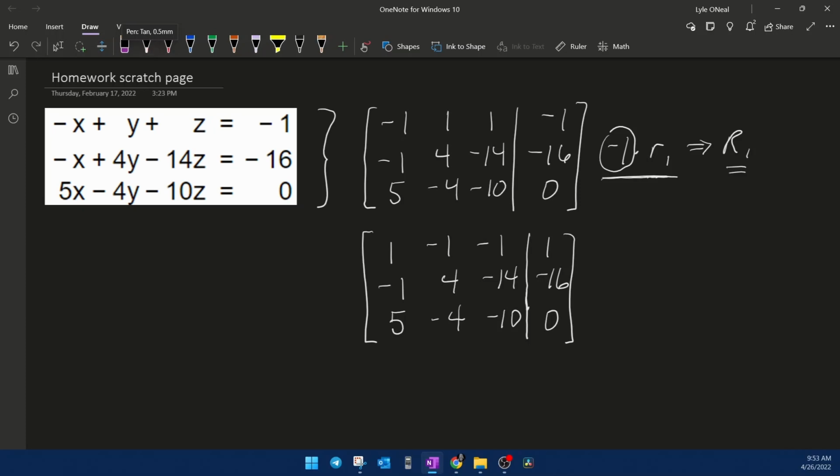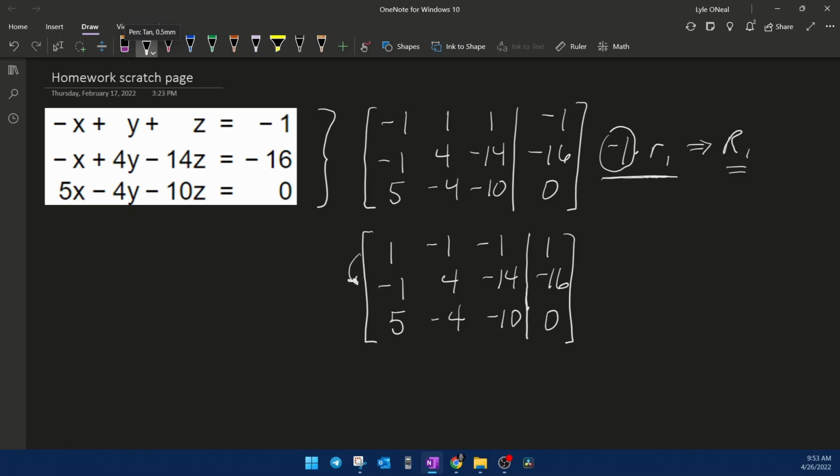The next 2 objectives are to make the negative 1 and the 5 become 0. Now the way we're going to achieve those objectives is through row multiplication with addition. Technically, for the first element, the negative 1, if I simply add row 1 to row 2, 1 plus negative 1 will make a 0.